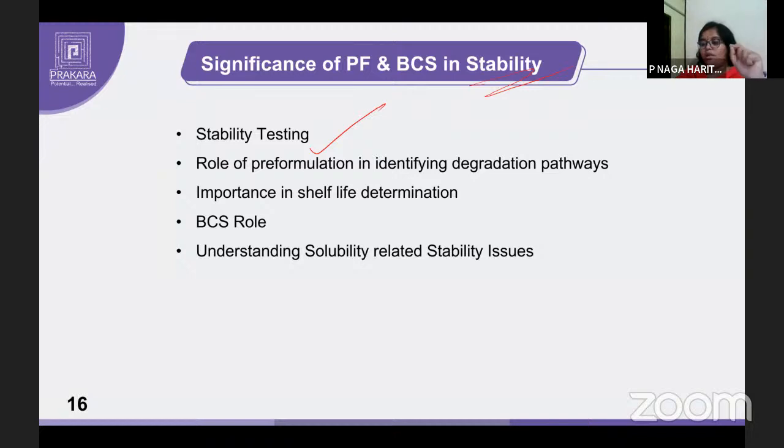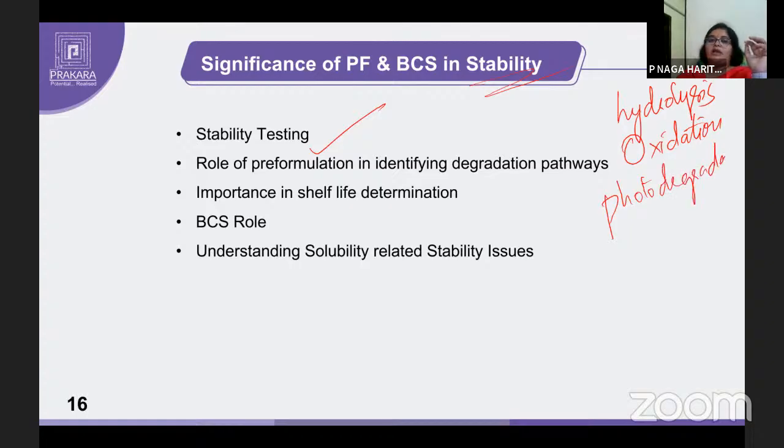The role in stability testing is that pre-formulation studies mainly identify degradation pathways like hydrolysis, oxidation, or even photodegradation, and also help in designing stable formulations. Stability studies should also ensure that the drug meets its shelf life requirements.